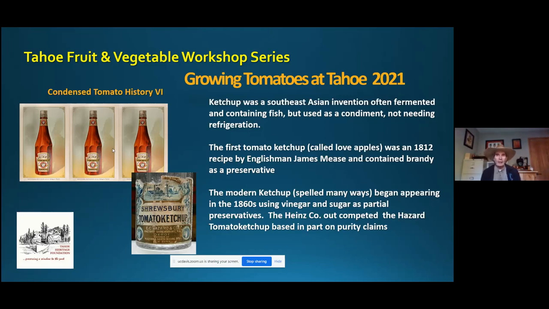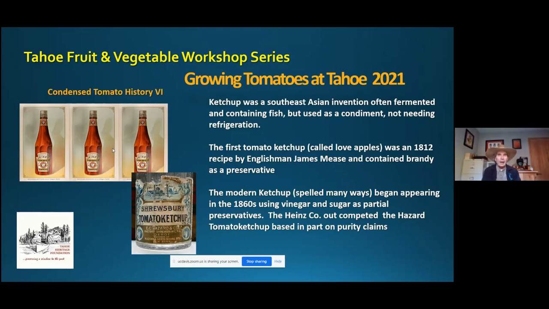In the case of early ketchup, it was oftentimes alcohol like brandy, and the first tomato-based ketchup in England around 1812 used brandy as the preservative. And then modern ketchup started appearing in the 1860s using vinegar and sugar as preservatives.